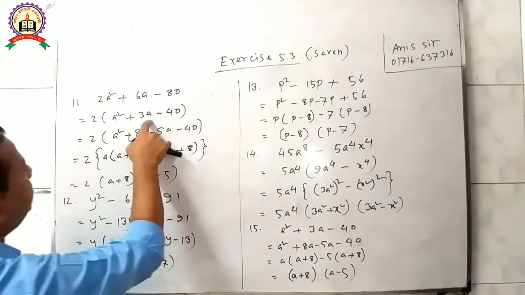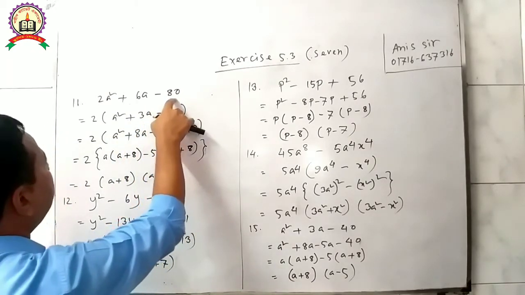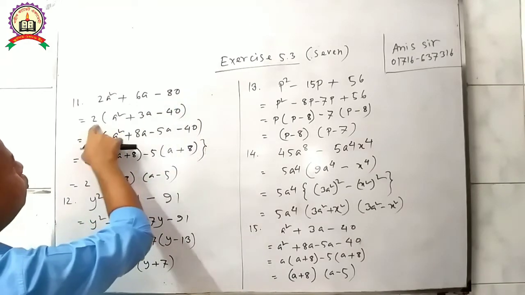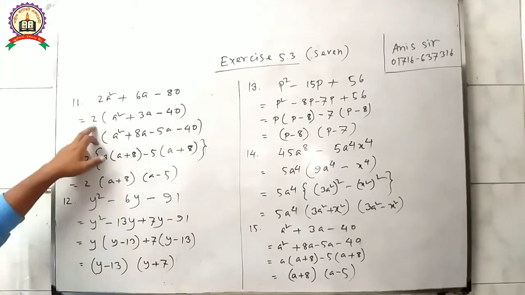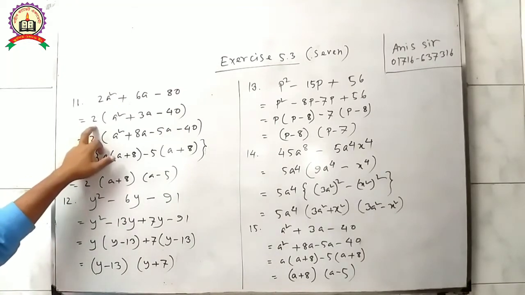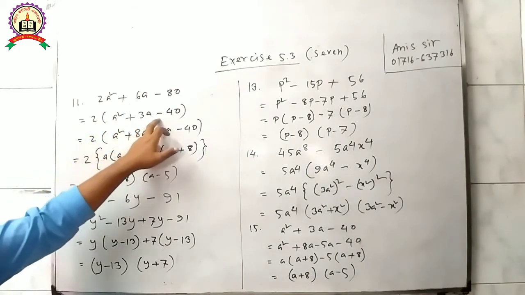And in the third term, 80 divided by 2 we get 40. Taking 2 as common, we get a square plus 3a minus 40.